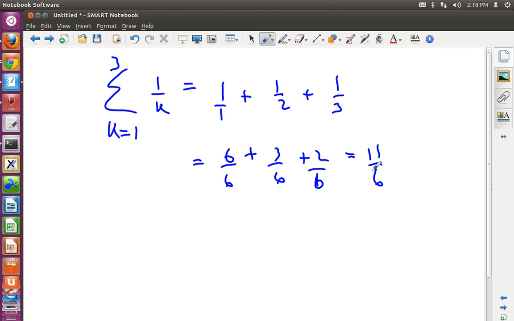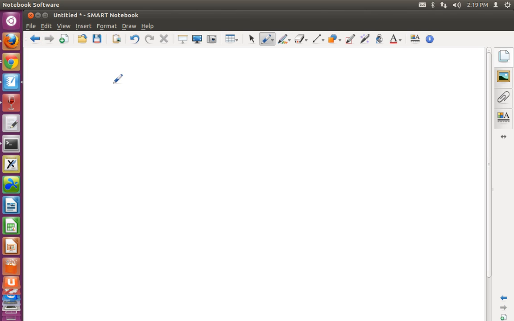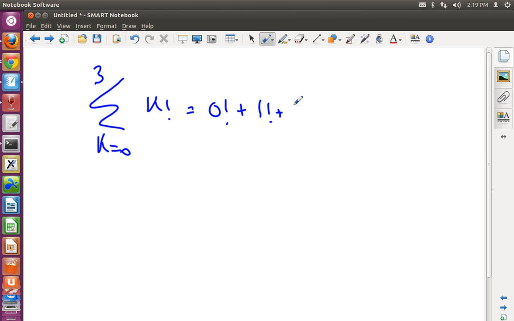How about this one? What if I said, what's the sigma of k factorial if k starts at 0 and goes to 3? Well, that's going to be 0 factorial plus 1 factorial plus 2 factorial plus 3 factorial.